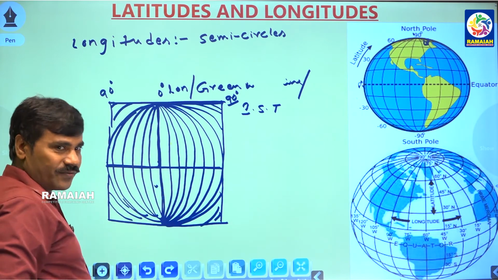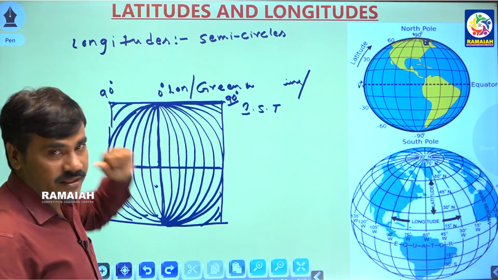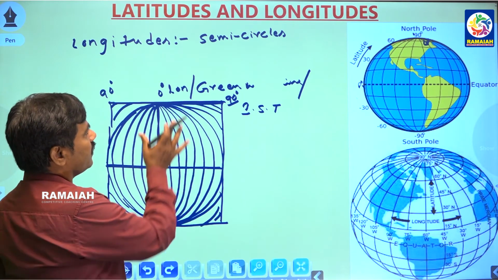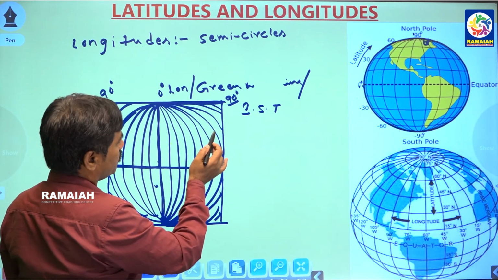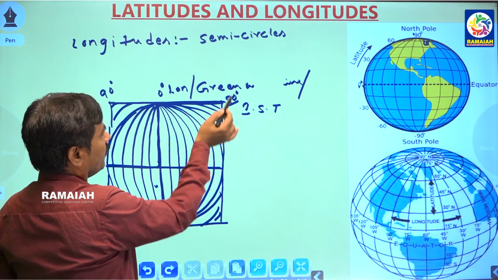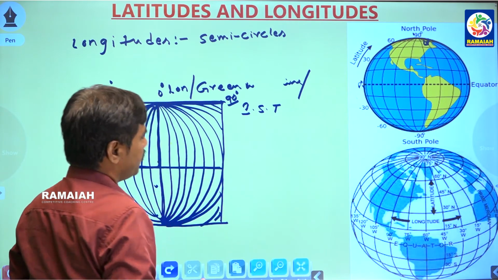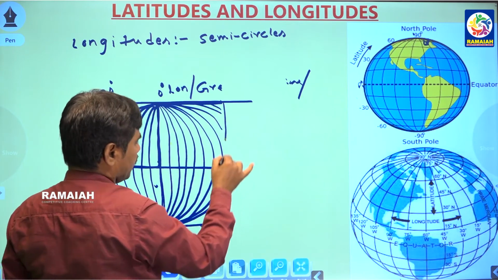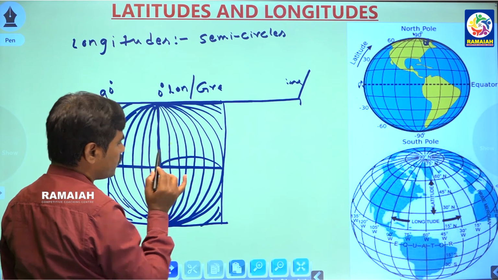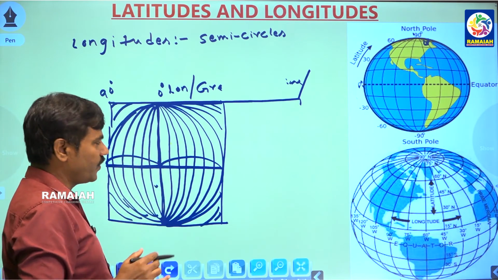This is half of the portion; the remaining half of the earth's surface is on the back side. On the back side of the earth's surface, longitudes are also drawn. Now you can see 90 plus 90 is 180, and the back side also has 180 longitudes. From here 90, and the back side also has 90.